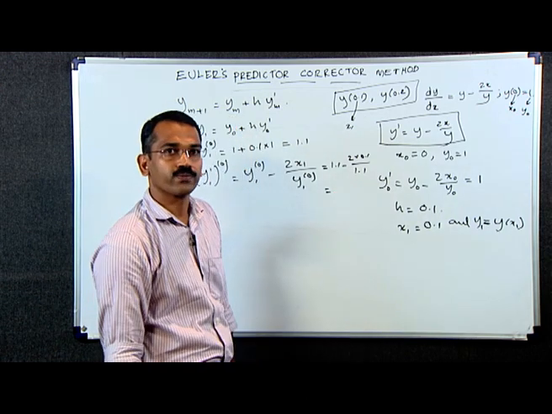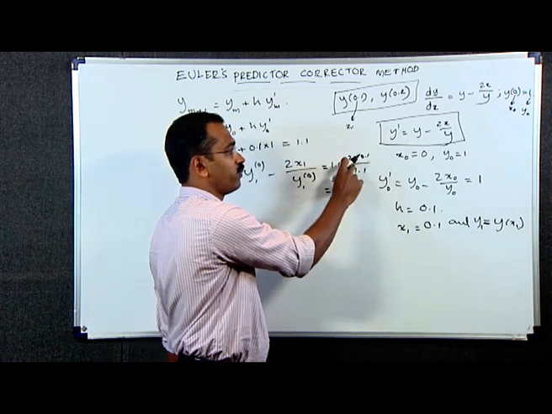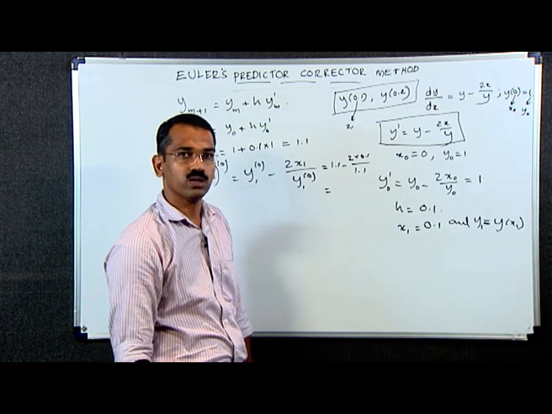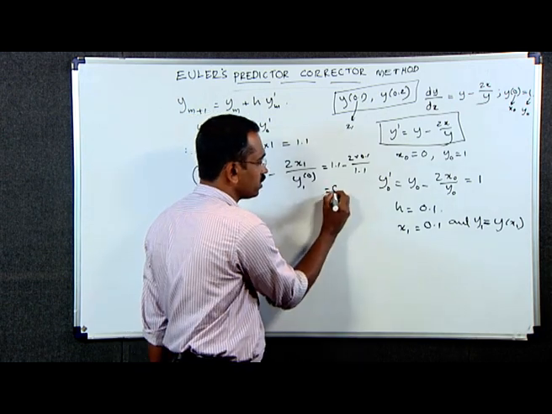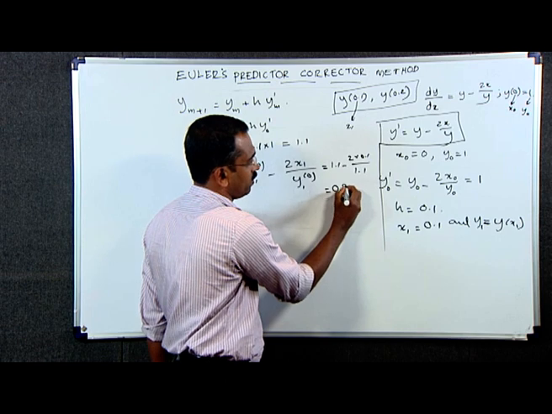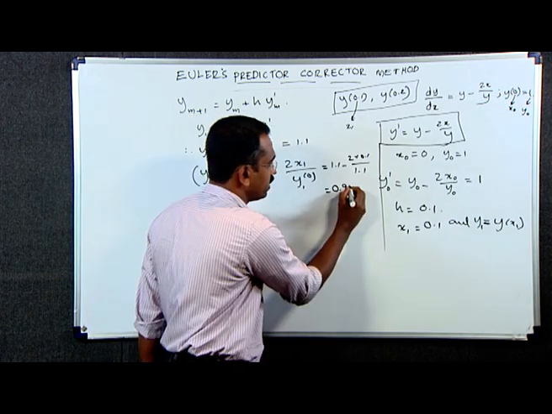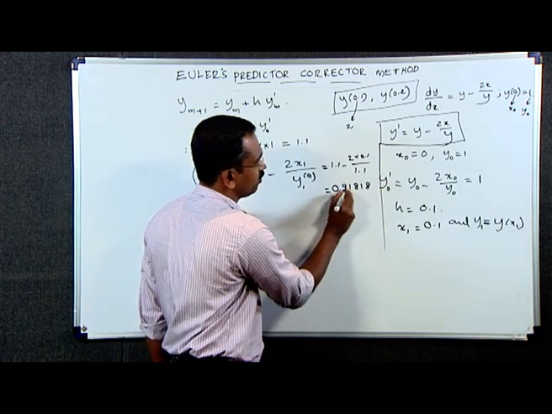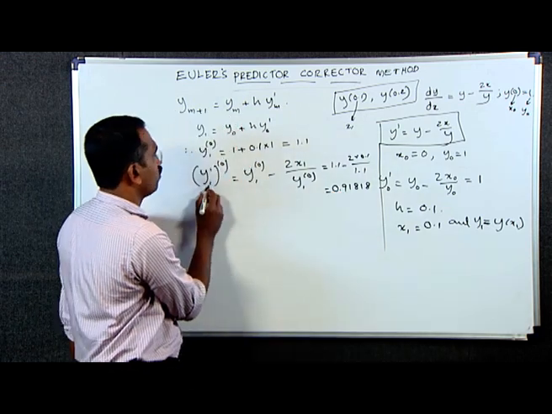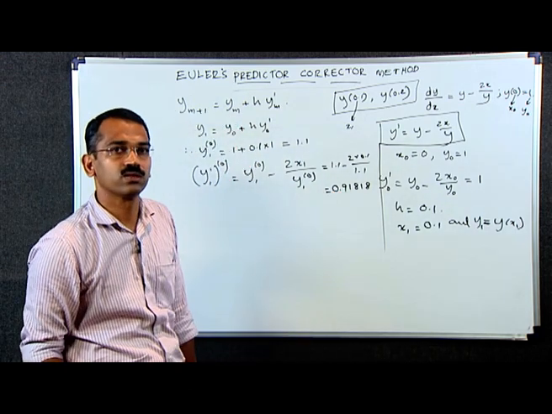This is equal to 1.1 minus 0.2 divided by 1.1. On simplification, we will get y1 dash 0 as 0.91818.